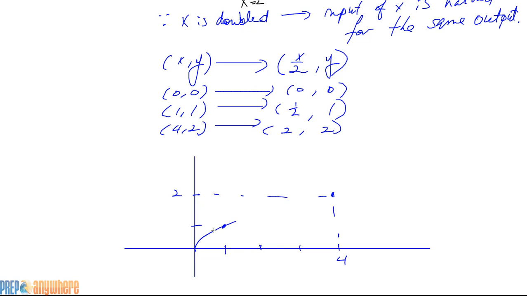This is the original, okay? The new one, I still want 1, but the 1 will happen at half. I still want 2, but the 2 will happen not at 4, but at 2.